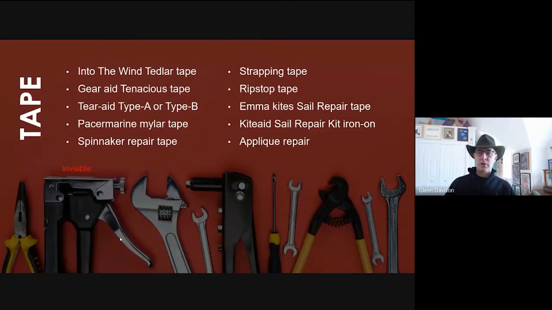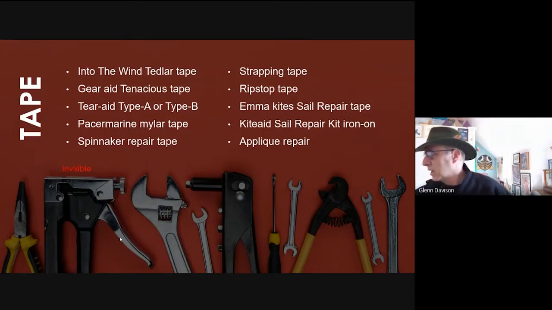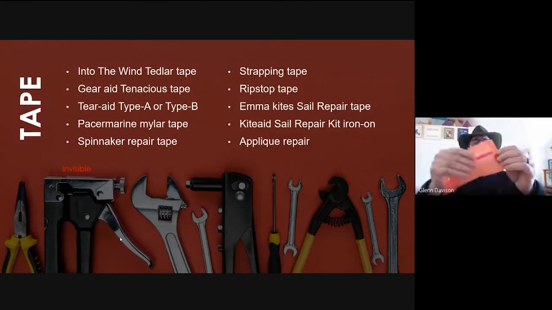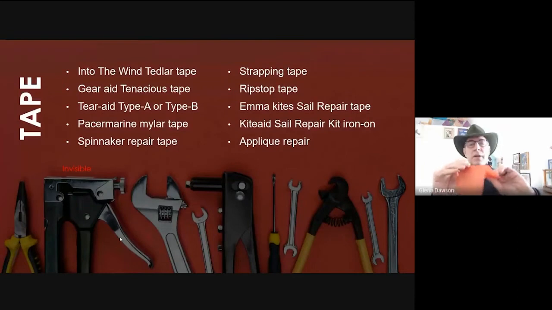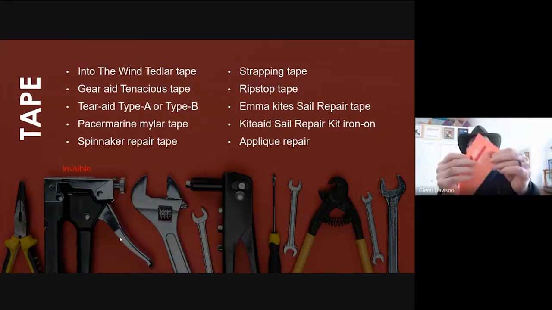I have multicolored ripstop tape. So if one of my nylon kites has a tear in it, I use ripstop tape for repair. And I have recently tried Emma Kite sail repair tape. And if you can see me right now, this is an example of that repair tape. And I thought, you know, gee, it looks like it has fiberglass in it, so it looks very strong, but you'll notice that it's not completely clear.